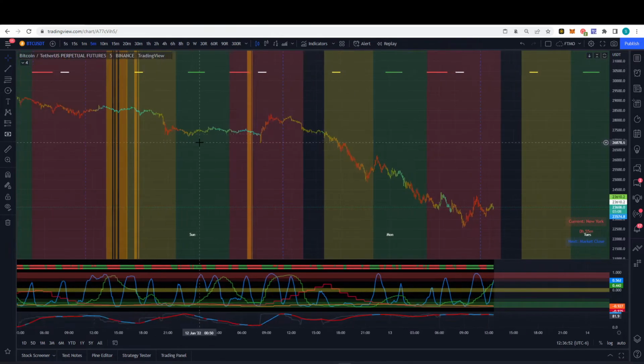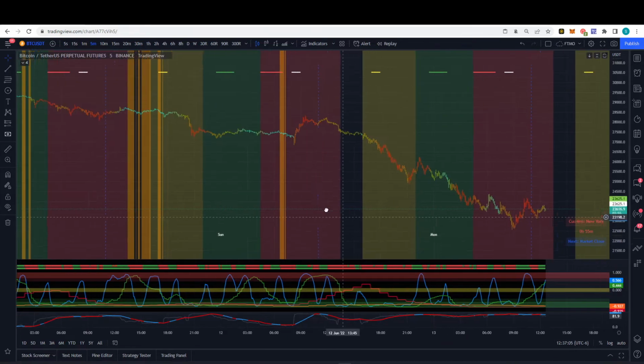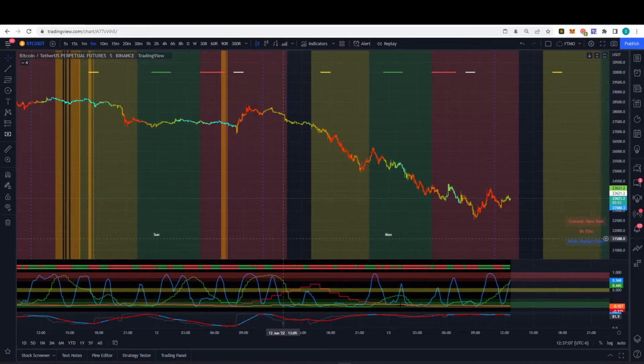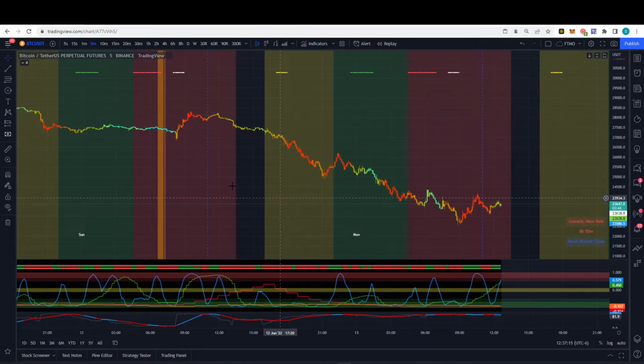Now zooming into here, what we see is the 15-minute cycling, the 1 hour coming into this middle ground, holding it and moving lower. And what we have is a really low 15-minute wave. So this whole day was a down day.